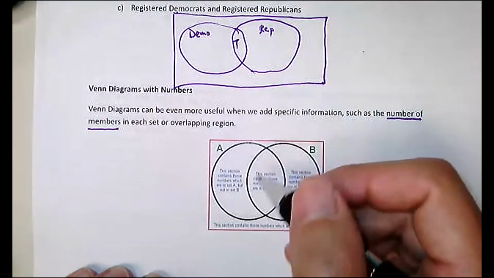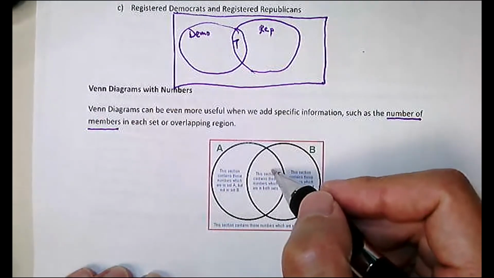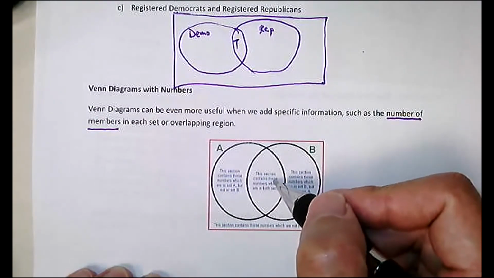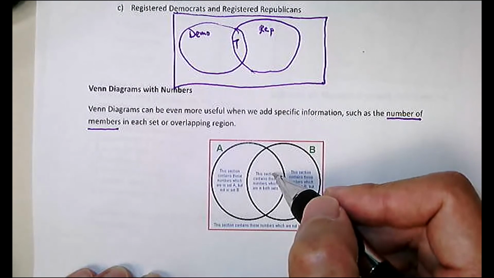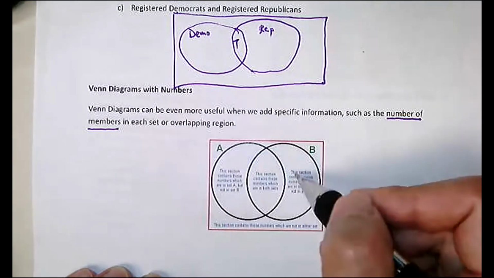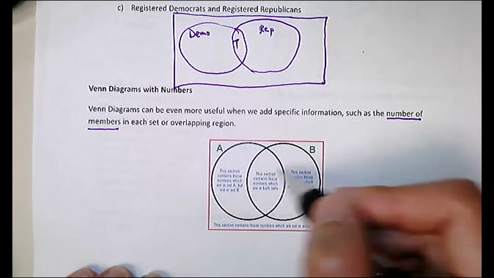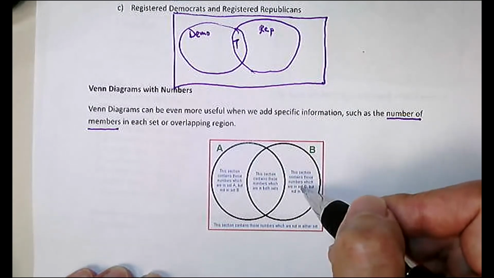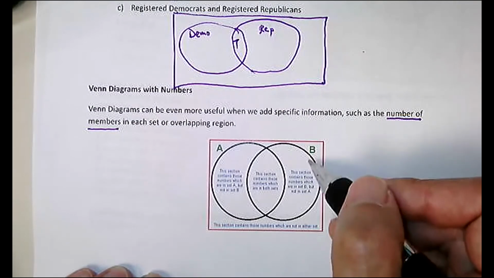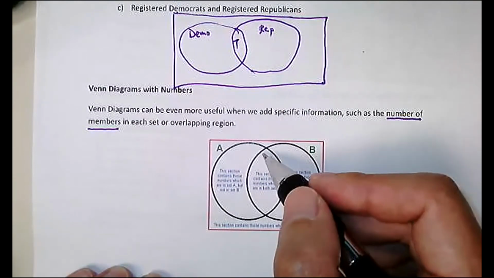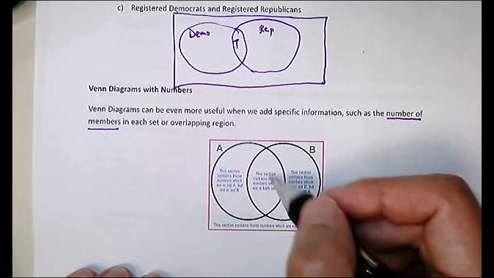So first of all, let's look at this number. This number means all the number of elements which are both in A and also in B. If you have a number here, it means those elements which are in B, but not in this overlapping part.